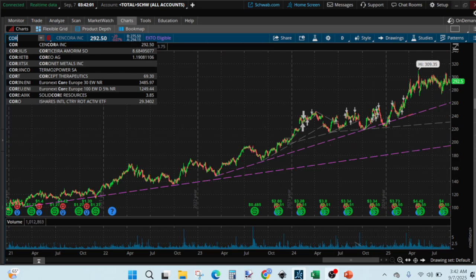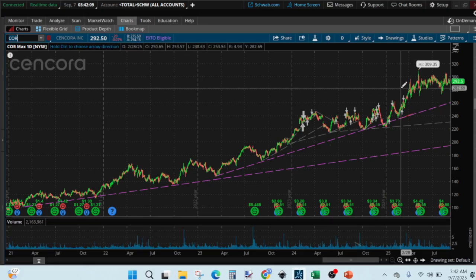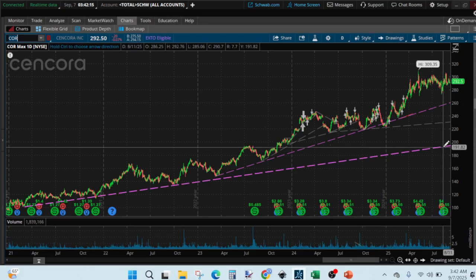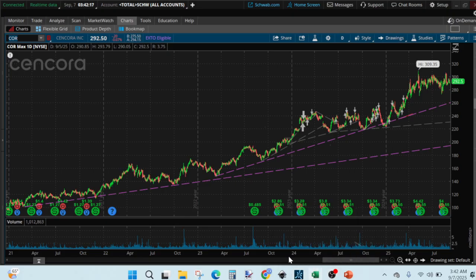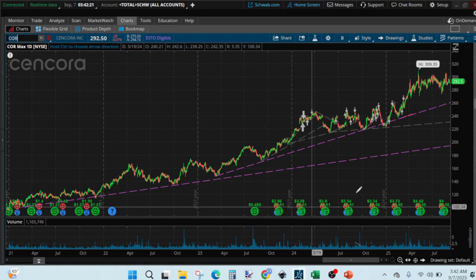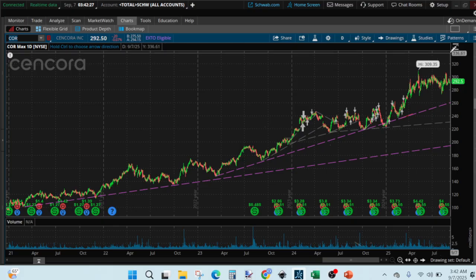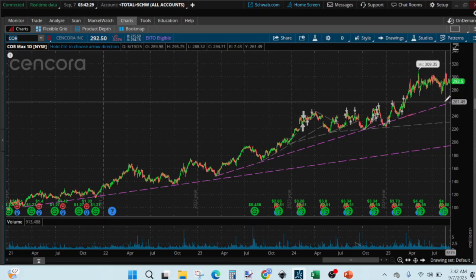For stocks that we have not purchased yet, they are not highlighted like this one. We will try to analyze them comparing where the price is to where we want to buy them. And for the ones that are highlighted like this, we will analyze where the price is to where we want to exit or sell, the next new high.